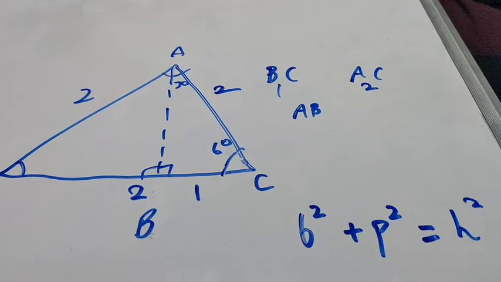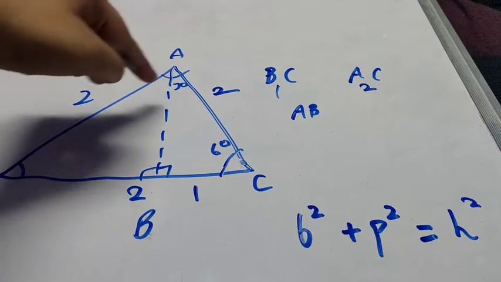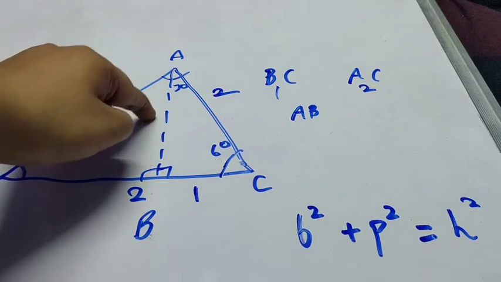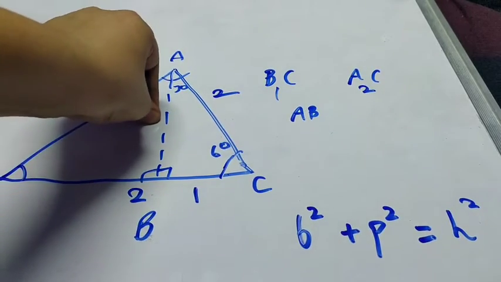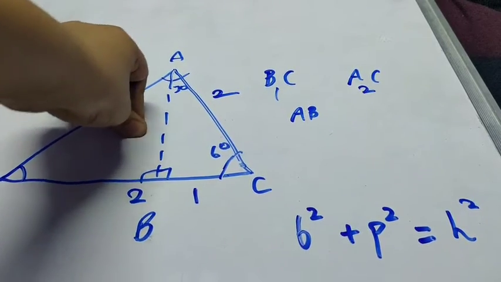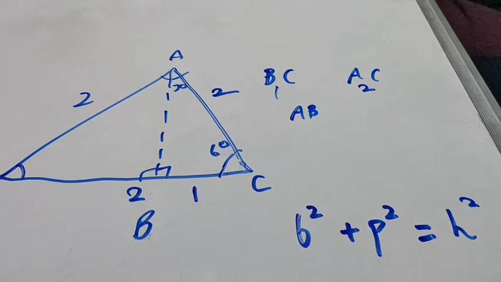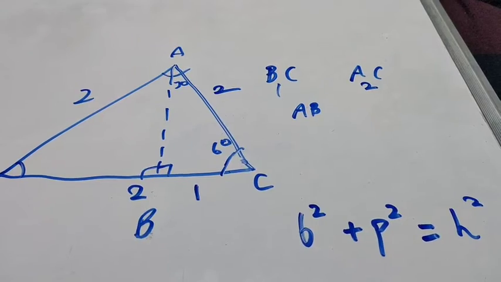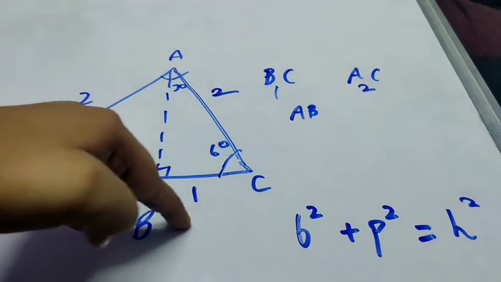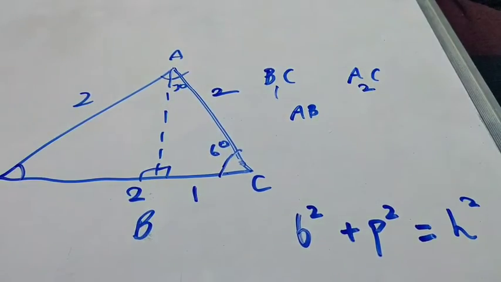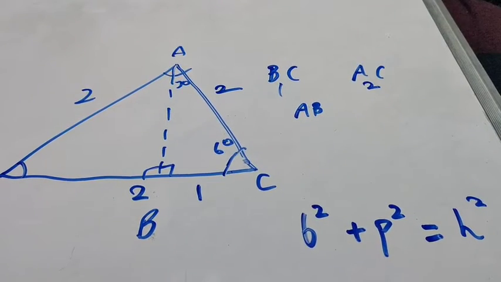The base here is this line right here, which is AB. We don't know the base, we know the hypotenuse here, which has the value of 2, and we also know this. What is it? Yes, it is the perpendicular.